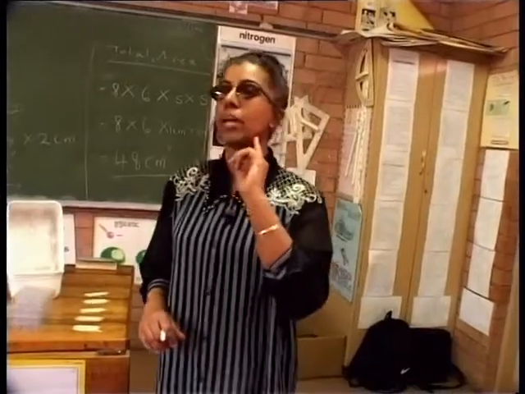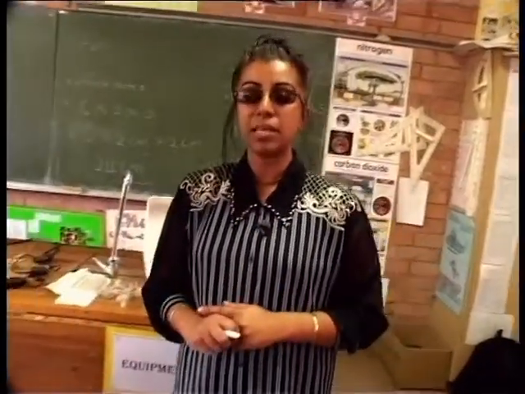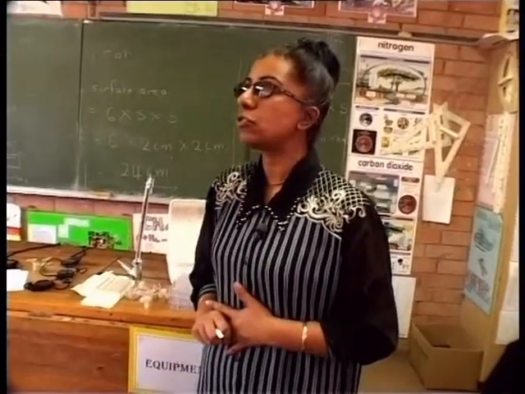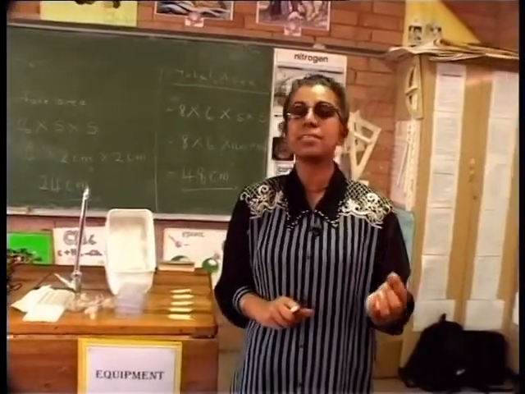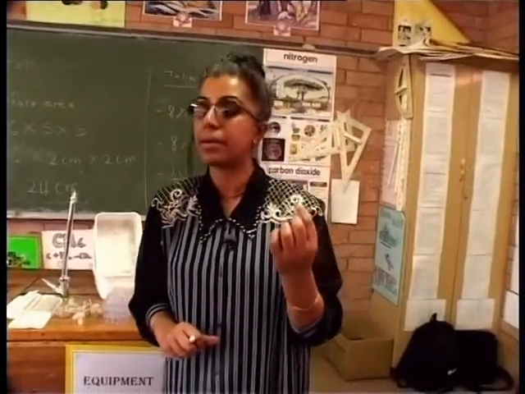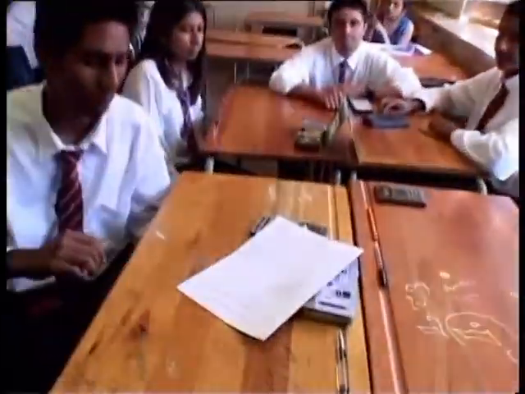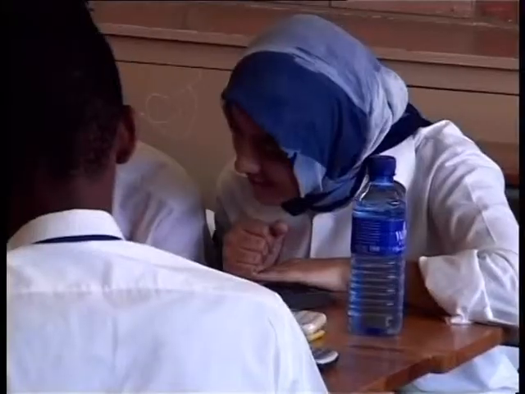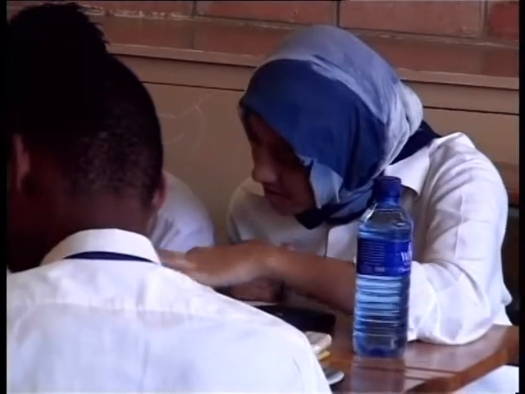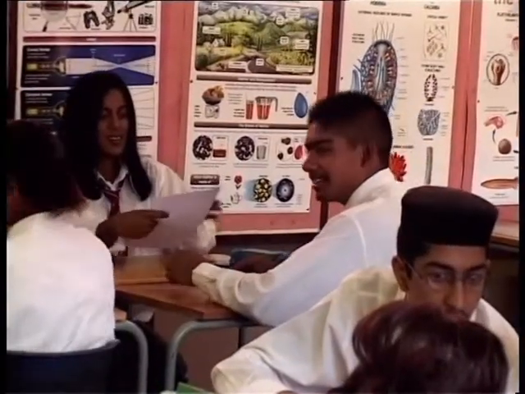You are now going to do an experiment in your groups to check other factors that influence the rate of a reaction. In this activity, learners are presented with a worksheet containing clear instructions on how to carry out the experiment. The teacher begins by describing the experiment.